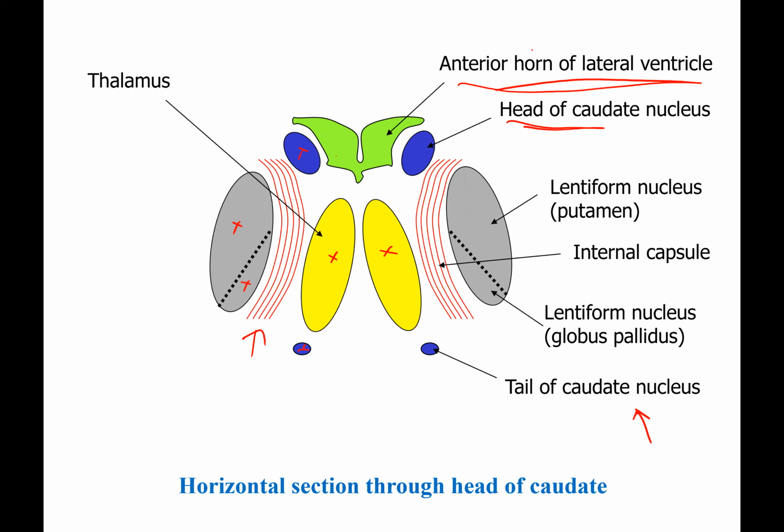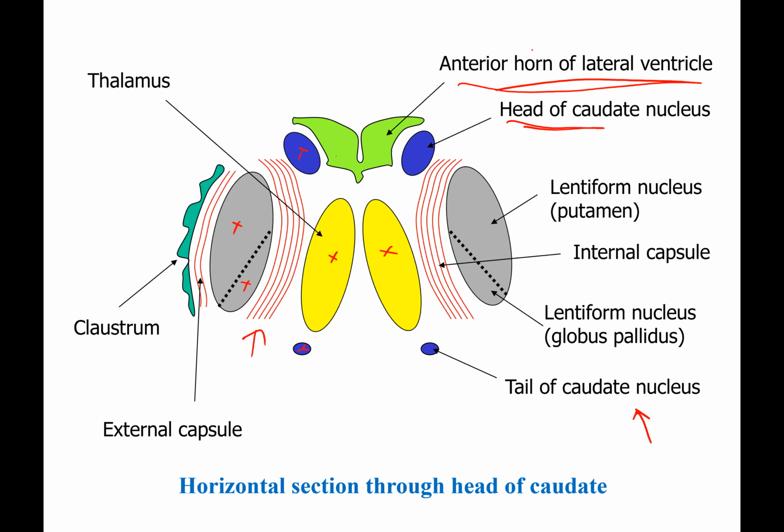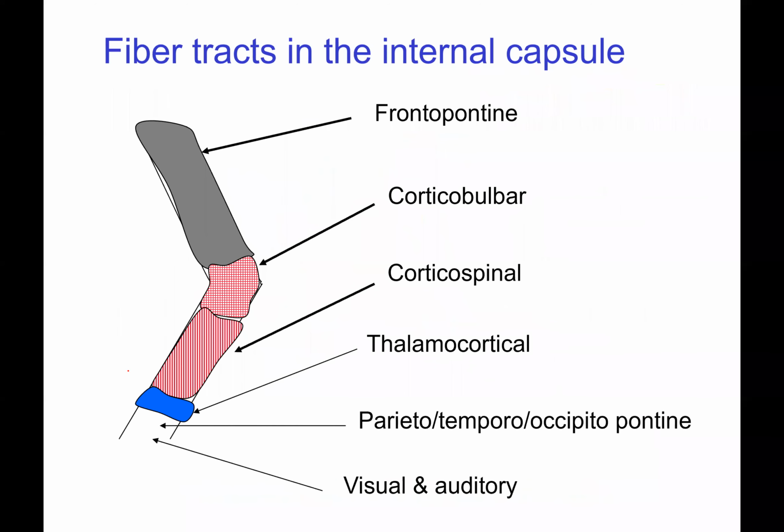Then outside the lentiform nucleus, you get the claustrum. Between the claustrum and the lentiform nucleus, you get the external capsule that I was talking about. So these are the parts of the internal capsule.